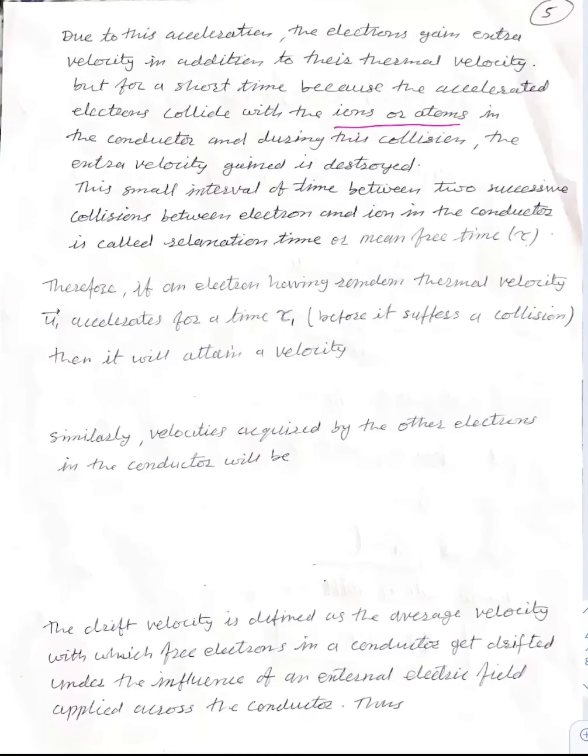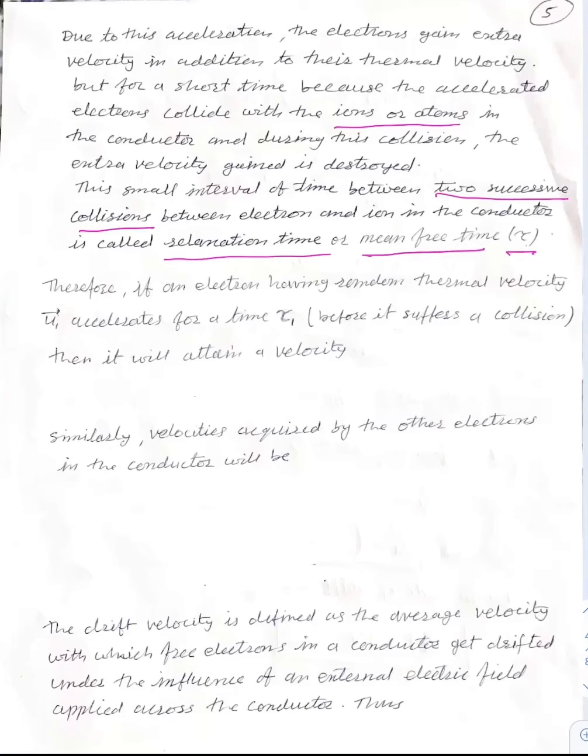This small interval of time between two successive collisions between electron and ion in the conductor is called relaxation time or mean free time, represented by tau.